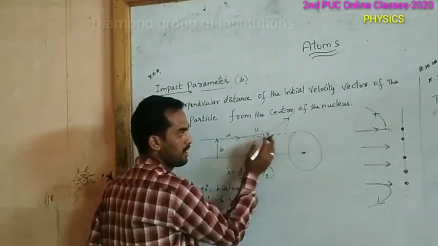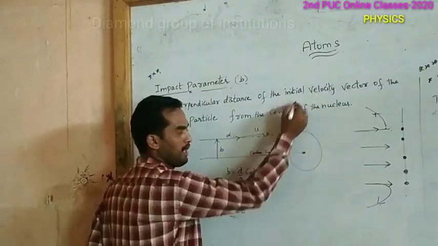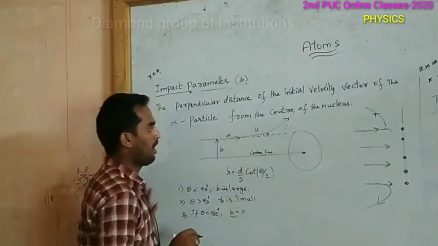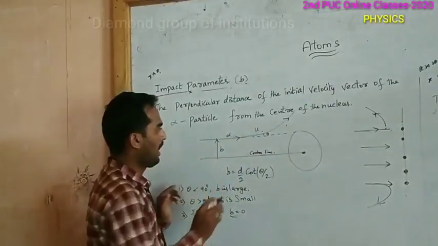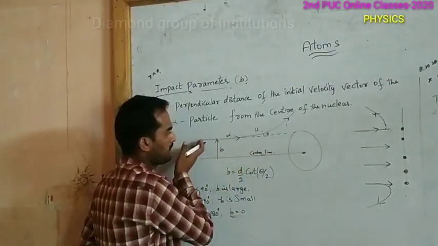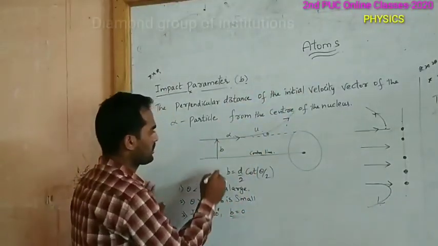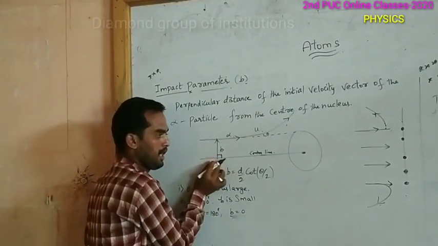But due to repulsion, it moves away, that is, it deflects with an angle called theta. The initial velocity is u. This is the center of the nucleus, and the alpha particle is moving in a different direction, and you can see a perpendicular distance being created.